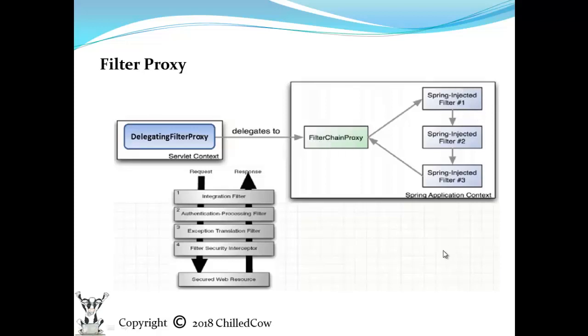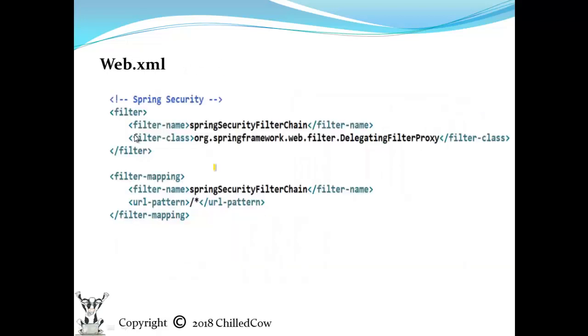We have multiple filters, a chain of filters which is going to execute in sequence, in the order we have defined, and this whole set creates a sort of filter chain. And the filter chain proxy is the class which I'm going to map inside web.xml with my delegating filter proxy class. Alright, that's how we come up here.